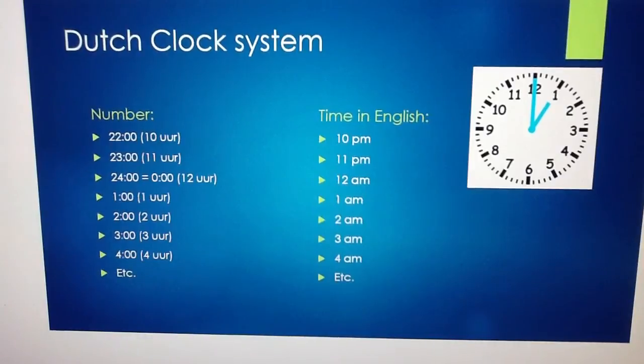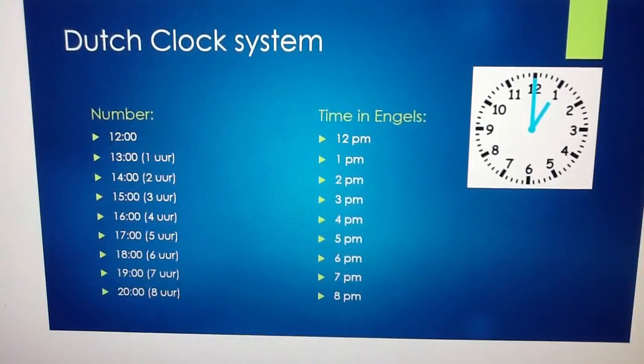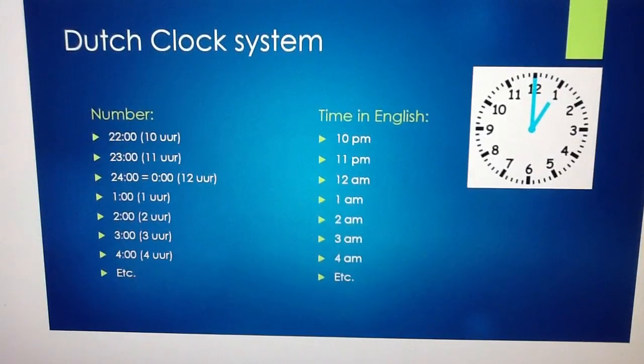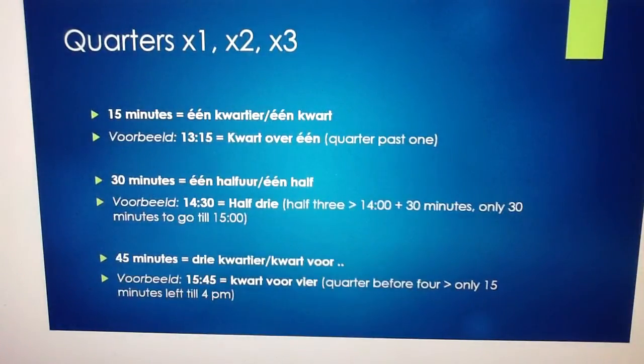Then we go back to the system, which you can see here. So it's a bit weird, but it's something to get used to, and you have to repeat it to get used to it. But it's easy if you know it, as with everything. Now I'd like to look at the quarters.